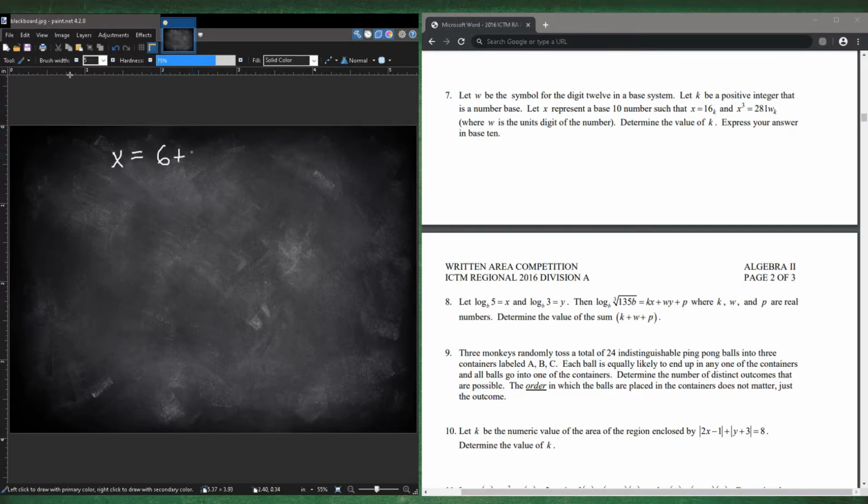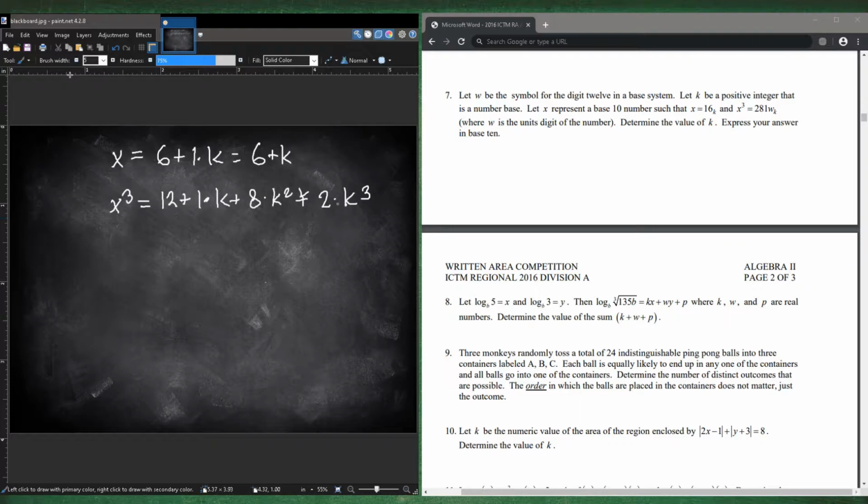And then the next term is 1, so 1 times k. That's equal to 6 plus k. Okay, and then x cubed, convert to base 10. That's equal to W, which is 12, plus 1 times k, plus 8 times k squared, plus 2 times k cubed.